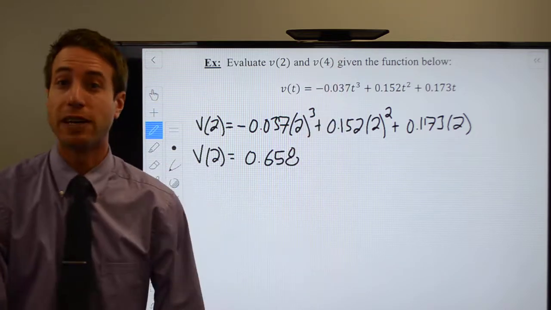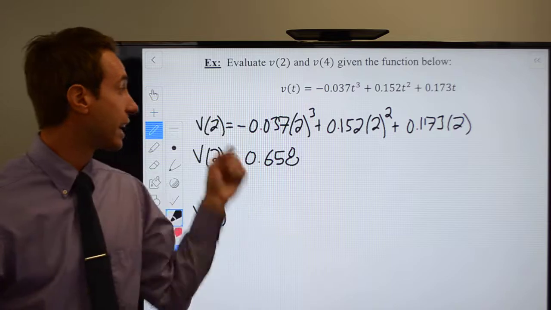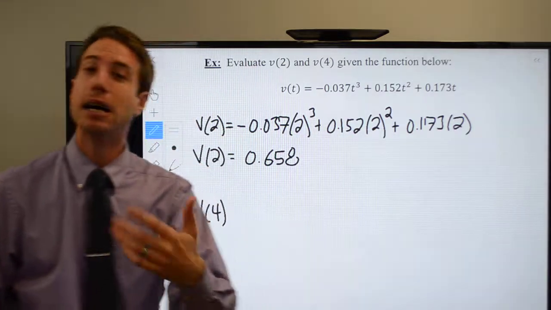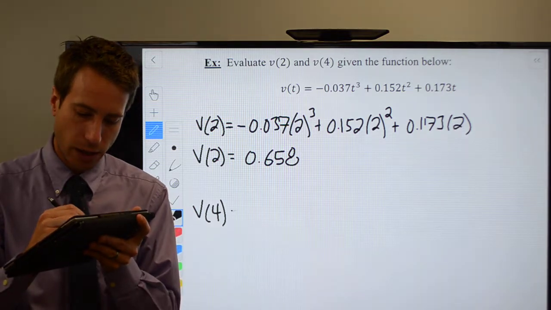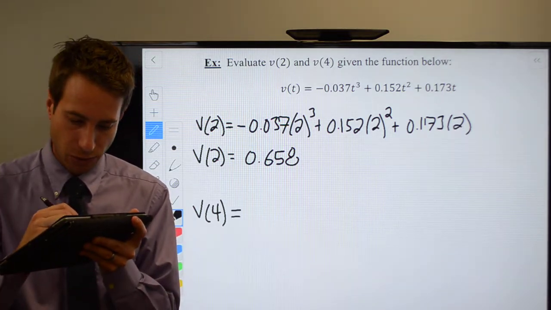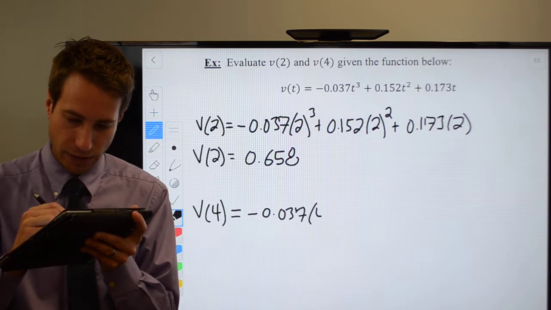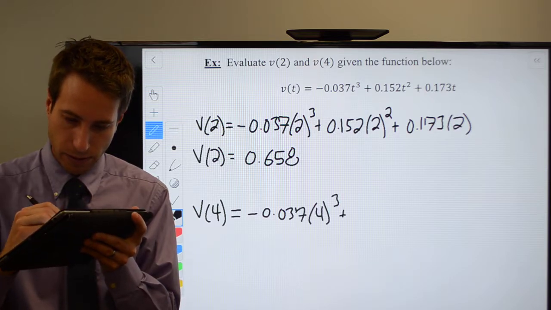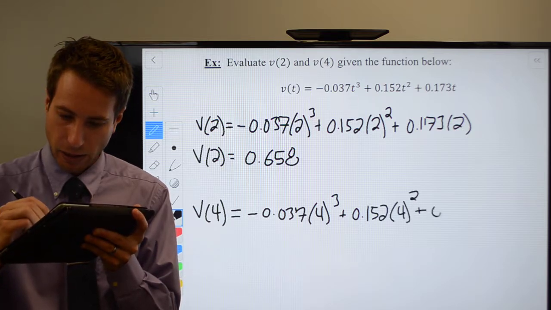We still need to do v of 4, so let's go ahead and do that one. Again, I'm now going to, instead of plugging in a 2 everywhere I have a t, plug in a 4. You've been given a domain value of 4. I want to know what's the range value. Well, we'll have to evaluate the polynomial to find the range value. We're going to evaluate that polynomial at the domain value of 4.